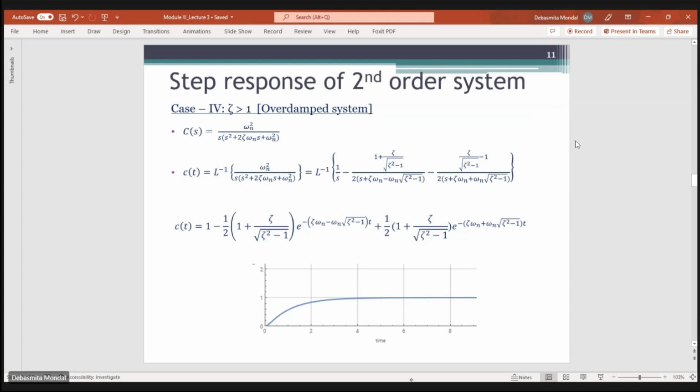So this is the general expression for the time response of an overdamped system when the input to the system is a unit step input.